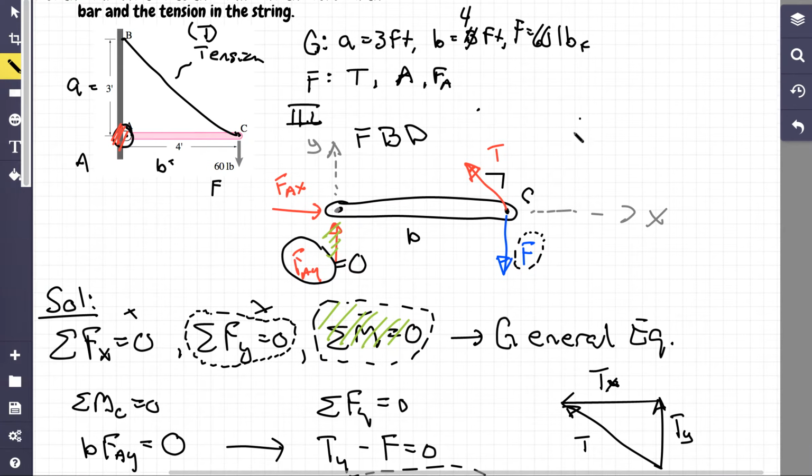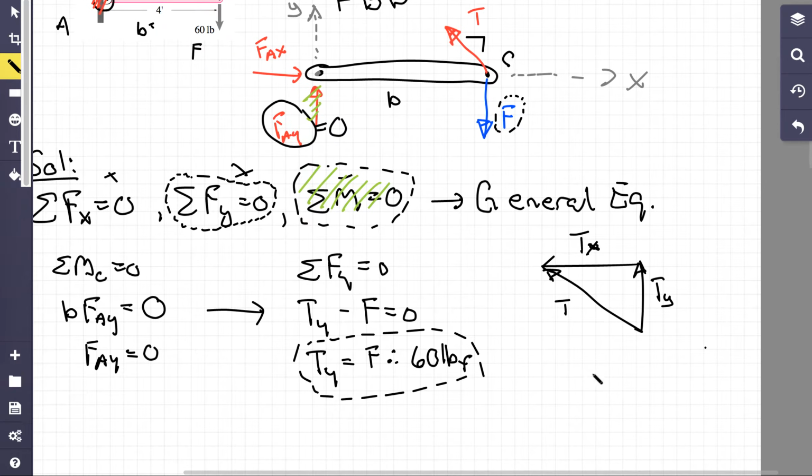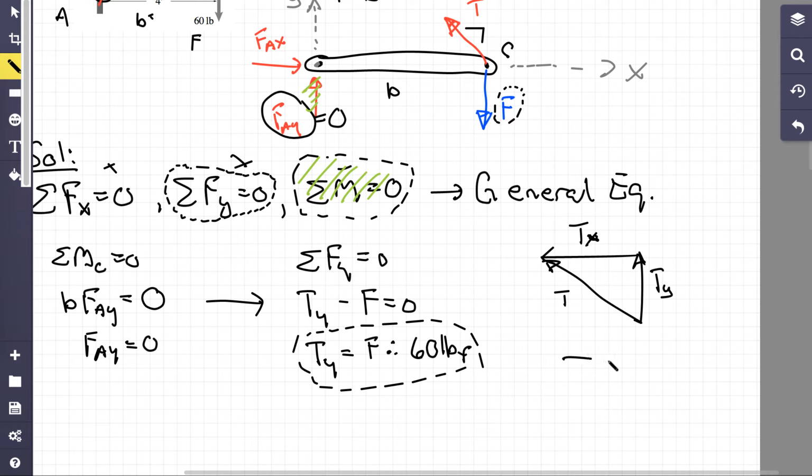That's a special triangle, a 3, 4, 5 triangle. Now, a lot of people want to put the angle here and everything like that, but let's look at how to do it differently.